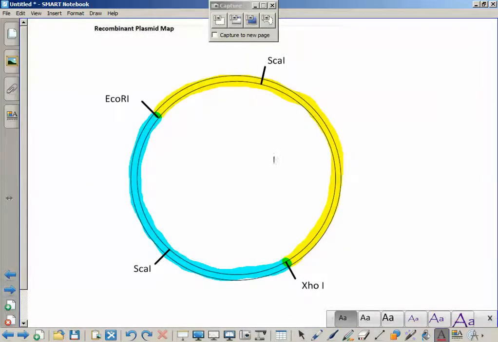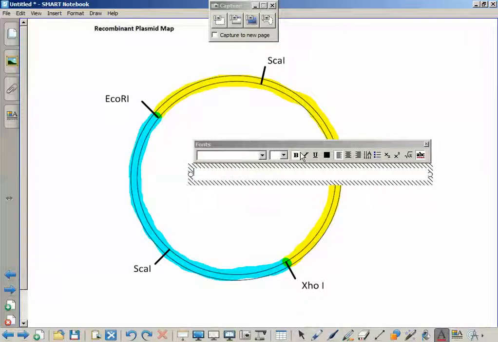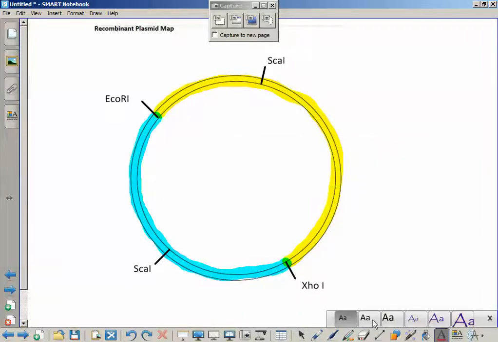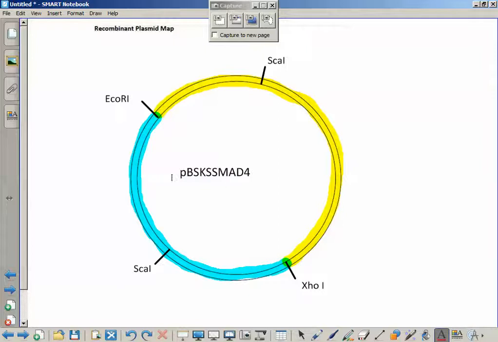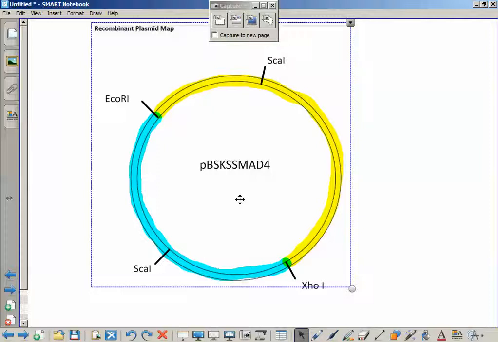So now once you've got your recombinant, you're going to write the name of it. Mine's going to be called pBS KS SMAD4, because that's the vector that I used. So that's the name of my plasmid. Sometimes you don't even name the entire vector, but for us, we're going to, because that was an important thing.